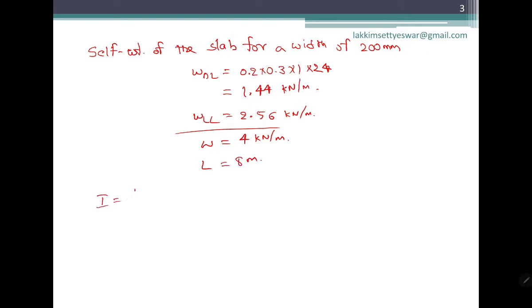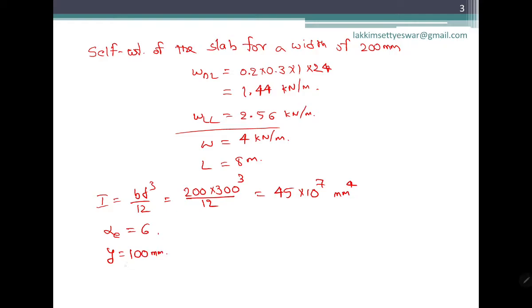Moment of inertia is equal to BD cube by 12, that is equal to 200 into 300 cube divided by 12. That value comes around 45 into 10 power 7 mm power 4. Modular ratio is given, alpha E is equal to 6, and the distance of tendons from the centroid, that is y, is equal to 100 mm.